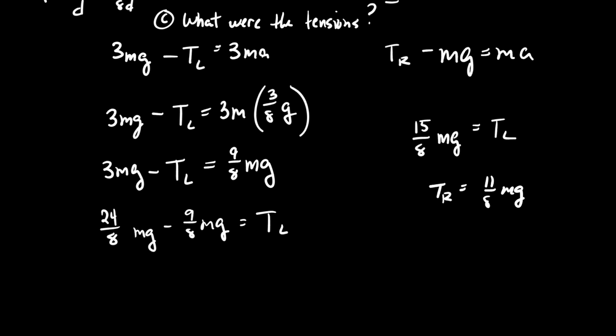But also, TL had to be less than 3 mg, and it is. And TR had to be greater than mg, and it is, right? Because TR lifted the one weight, but the other tension wasn't great enough to lift the other weight. That's why it accelerated downwards. So all of those things have to work out here.